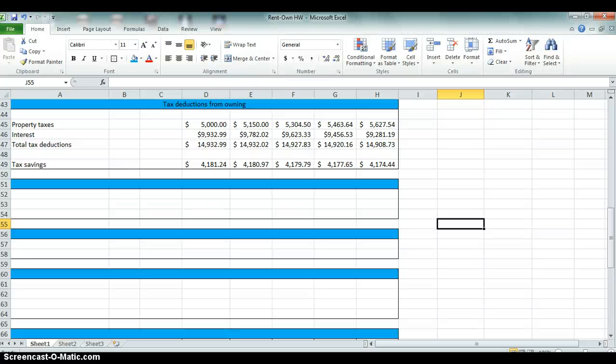Okay, now we're going to go ahead and calculate the net cost of owning, which will give us the cost of actually living in the house. So that will go in this chart, net cost of owning.